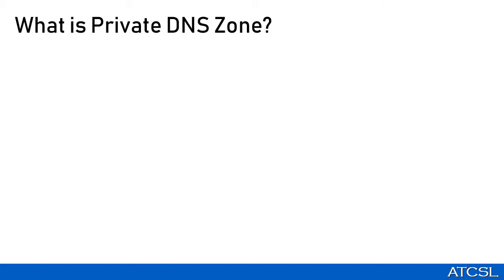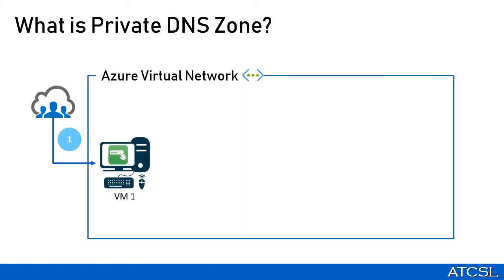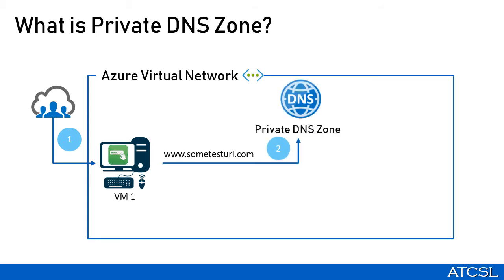Let's try to understand this with a use case. A simple scenario would be that a user wishes to connect to VM2 with a URL from within VM1. He requests a URL which is a custom FQDN. This request goes to the private DNS zone to look for the URL.